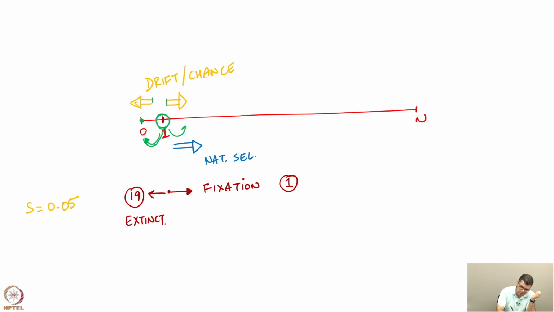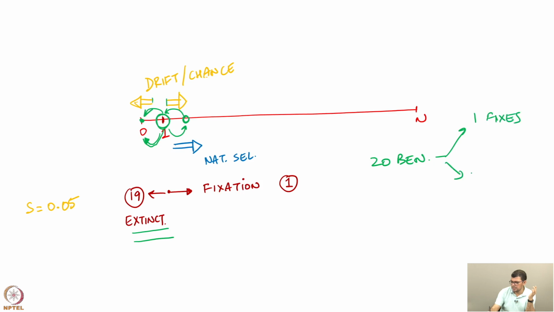The 50% that took a step in this direction are still vulnerable, because 50% of them will take another step in this direction, and then they will go extinct. So, when numbers are small, drift and chance events lead to a surprising outcome: you need 20 beneficial mutations with S equal to 0.05 to happen so that one fixes, and the other 19 just go extinct.